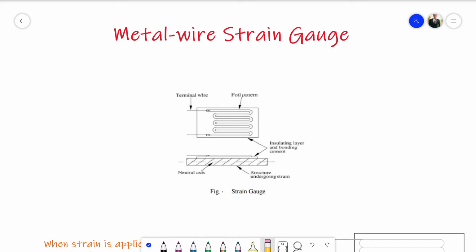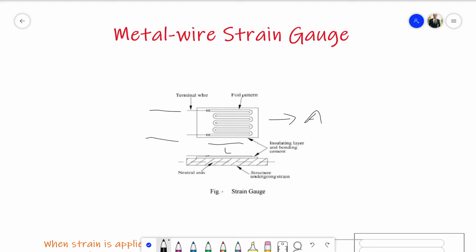This is the actual diagram of a metal wire strain gauge. Here you see the length and the cross-sectional area, and these are the 2 points.